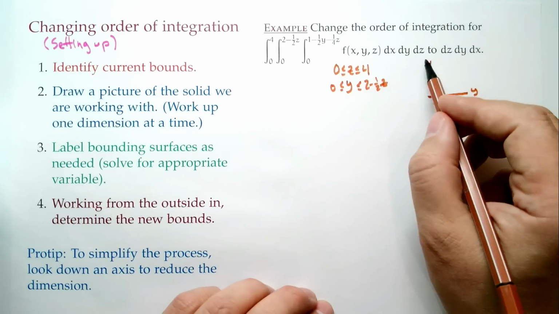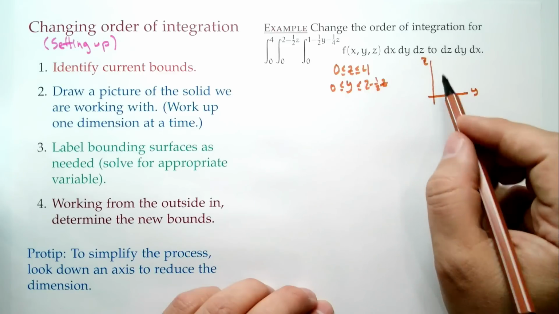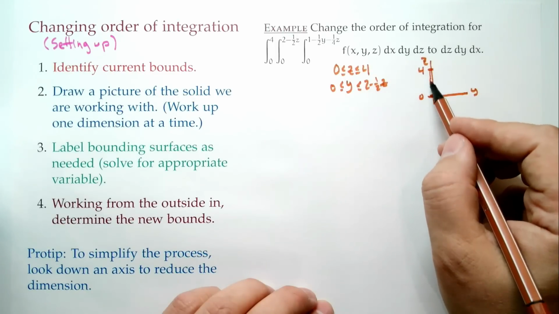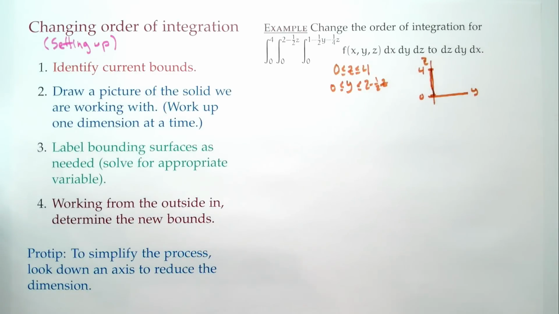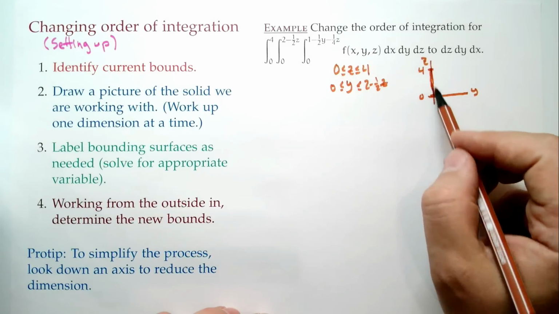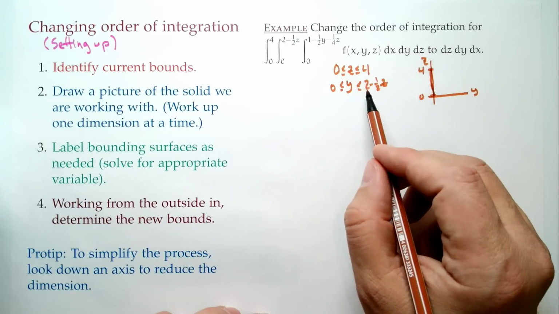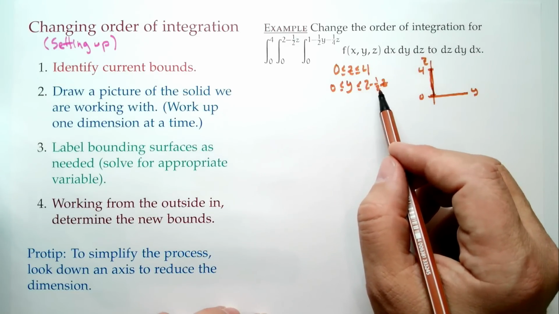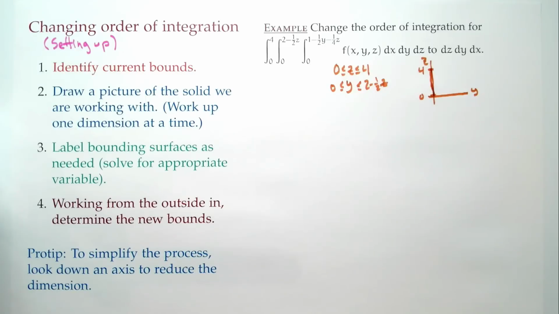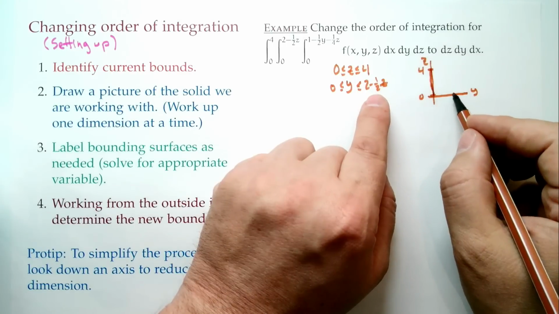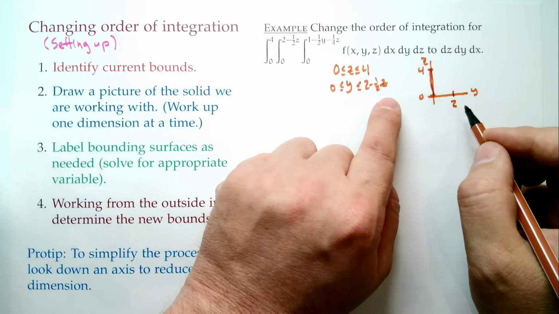So here we go. Here's the yz plane. I know z goes from 0 to 4. So this is z going from 0 to 4. And then y is going to go from y equals 0, which is actually this line segment right here on the z-axis, to the curve y equals 2 minus a half z. Well, what does that look like? When z equals 0, I'm going to be at 2, because 2 minus 0 is 2.